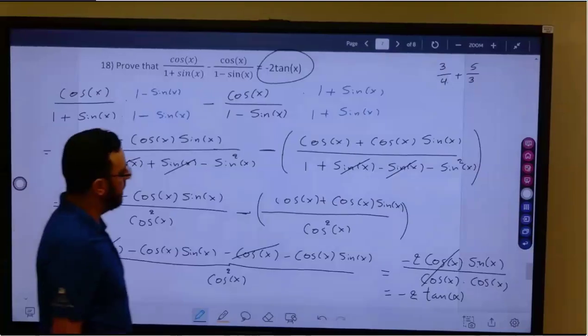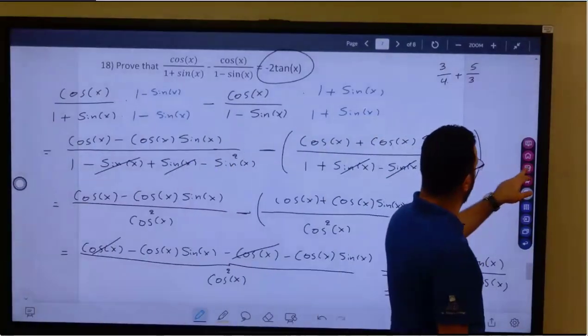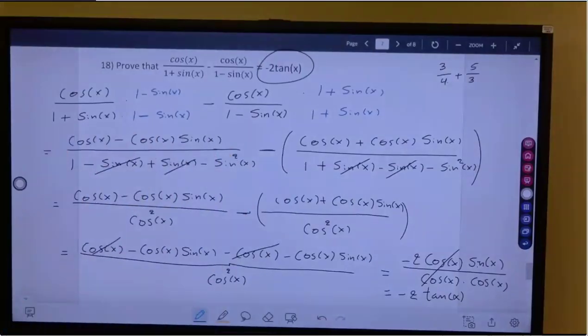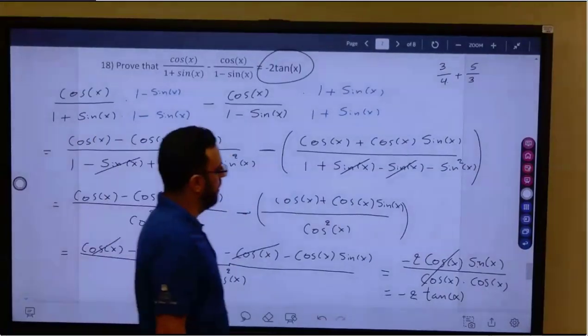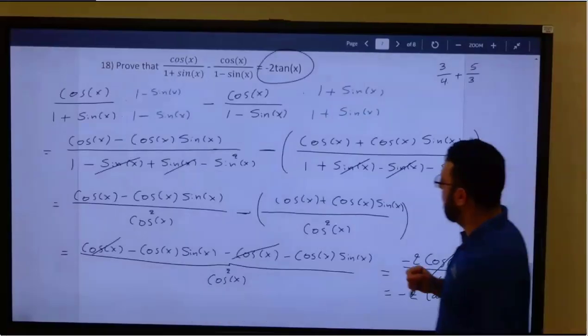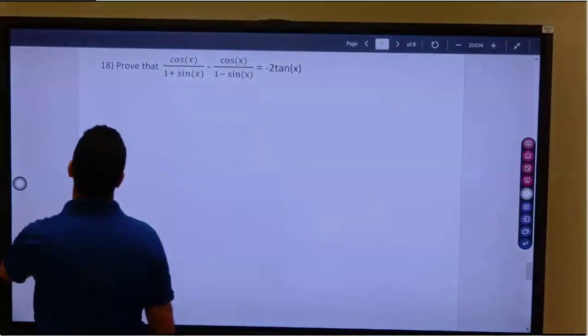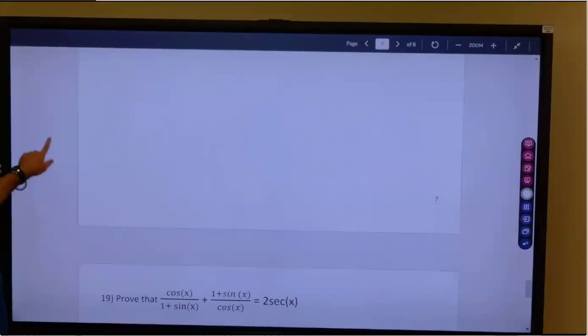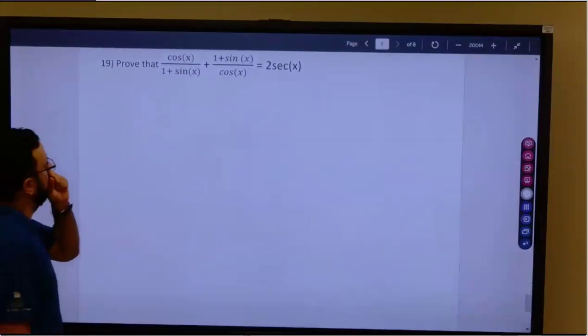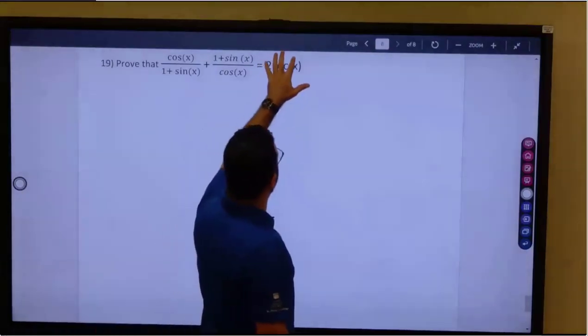Let's jump to the next problem. Number 19. You do exactly the same thing. Don't confuse yourself about this side.